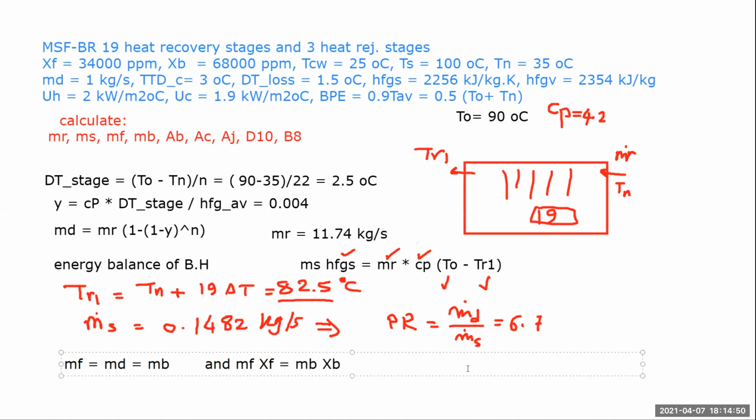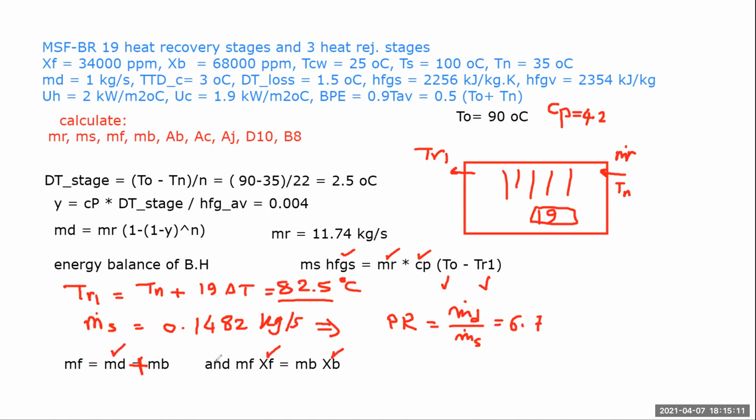What do we know out of these? We know the values of m dot, we have a mistake here. This actually should have been plus. We know the value of m dot d, and we know xf and xb.